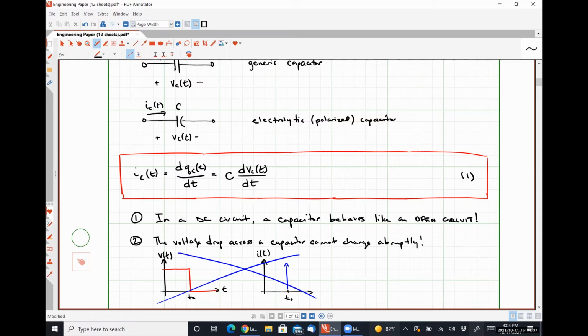All right, so equation 1 that I boxed in red lets us know what the capacitor current is based on the behavior of the voltage signal.